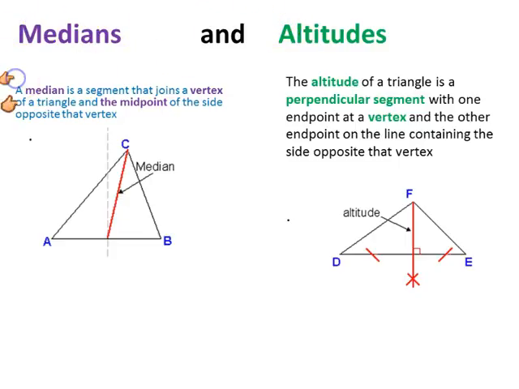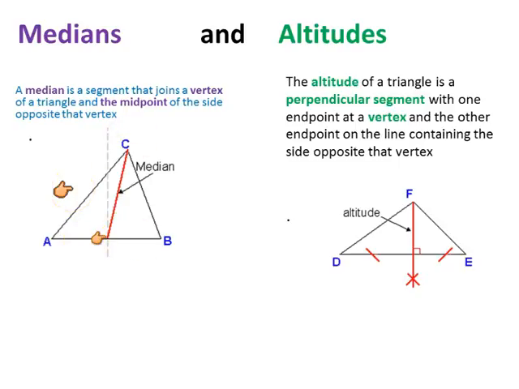A median is a segment within a triangle, and that segment is going to join a vertex of a triangle. Right here, here's that vertex. Here we've got the median in red, and it starts at the vertex, and then it goes through to intersect the midpoint of the side opposite that vertex.